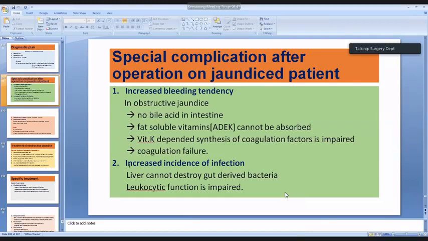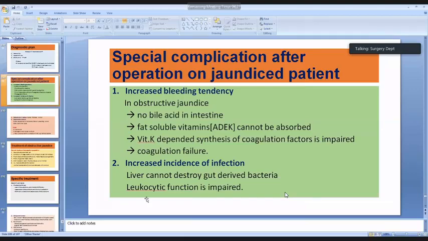Second problem is increased incidence of infection. Because of congestion of the liver or impairment of the function of the liver, it cannot destroy gut-derived bacteria. And there is also leukocytic dysfunction, or leukocytic function is impaired. So due to these two factors, there is increased incidence of infection.